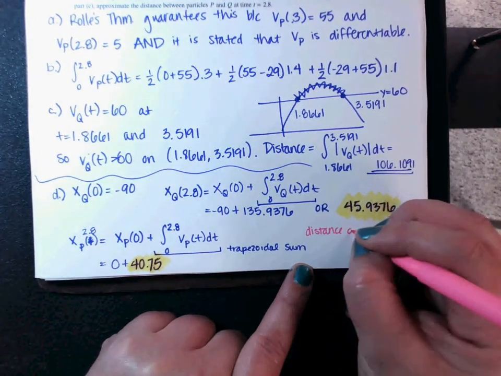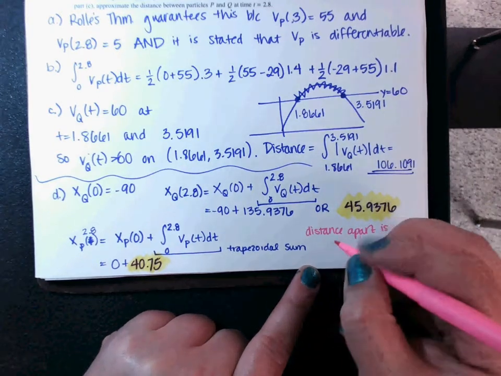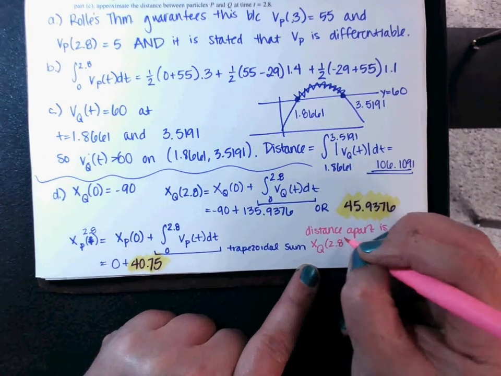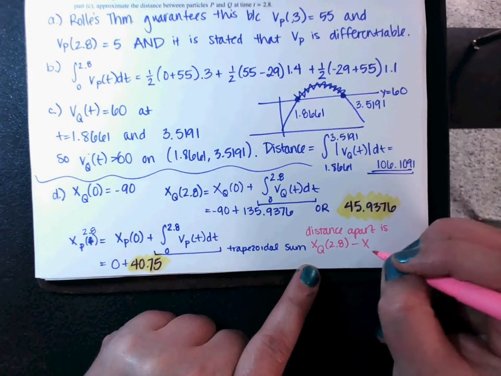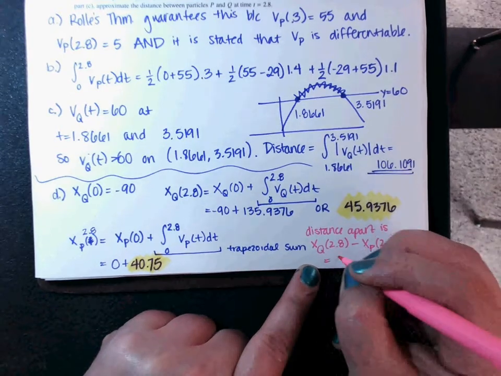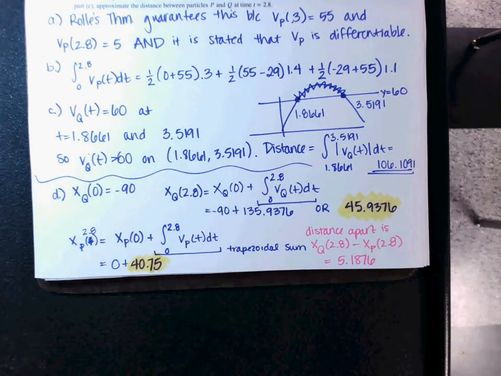Distance apart is the position of 2.8 minus the position for particle P of 2.8, which is 5.1876. Okay, and that would have been your final answer for part D. Okay, good job.